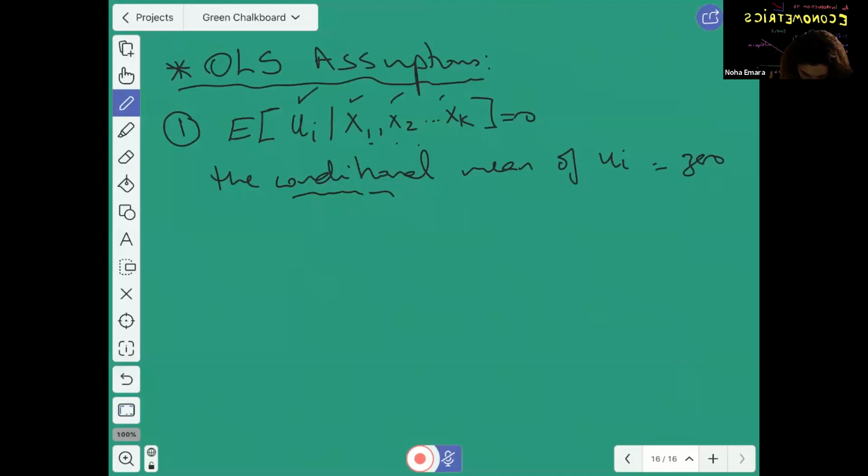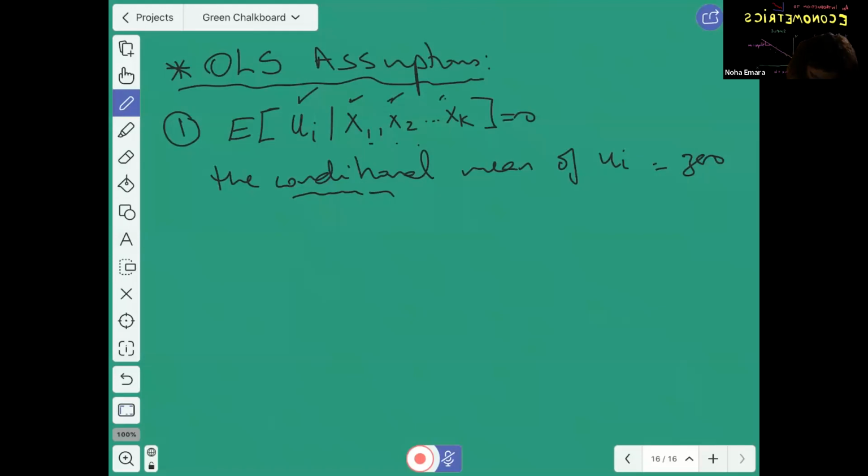In other words, given any value of x1, x2, x3, like any age or any number of students in class, it will not affect the mean distribution of the error term. The mean of the error term will all the time be equal to 0.